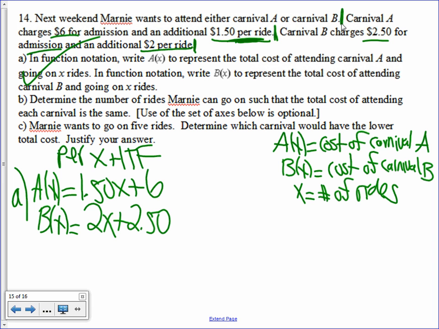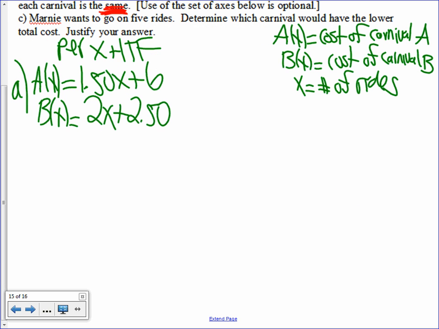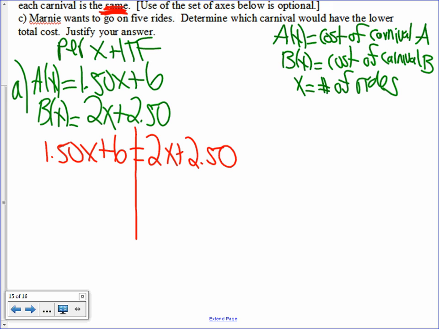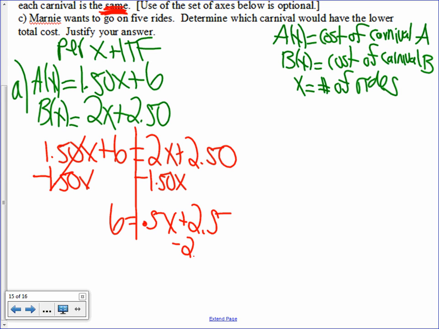B, determine the number of rides Marty can go on such that the total cost of attending each carnival is the same. Same means equals. So I need to take Carnival A, 1.50X plus 6, and set it equal to Carnival B. Now I solve my equation. Minus 1.50X, minus 1.50X, 6 equals 0.5X plus 2.5, minus 2.5.